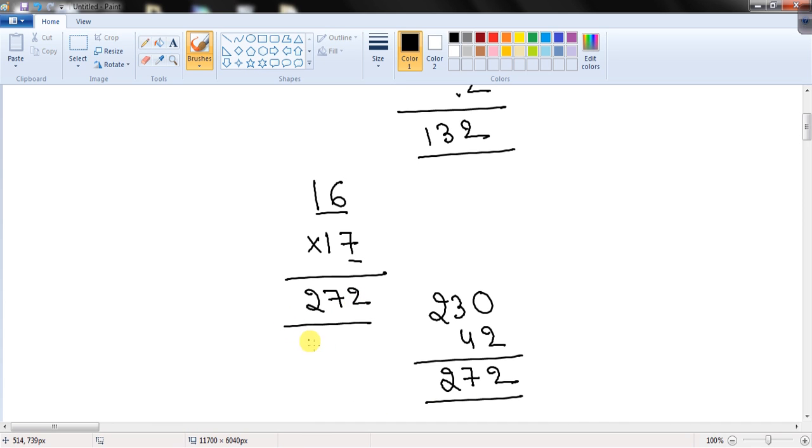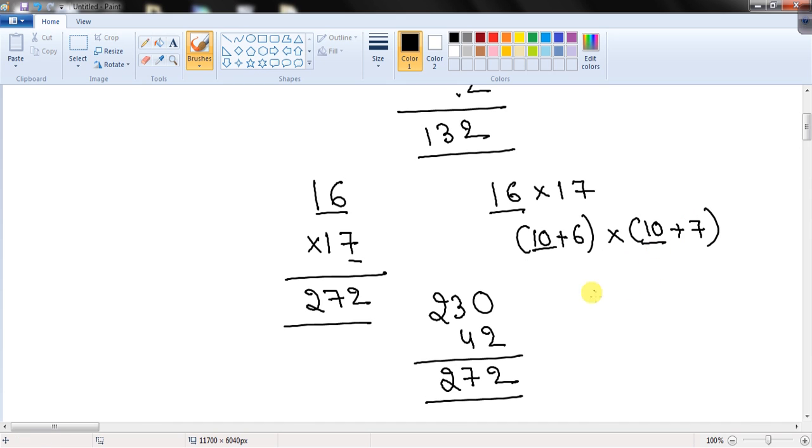How does this work? What is the logic behind this? See, 16 into 17. I can write 16 as 10 plus 6 and 17 as 10 plus 7. We know that 10 times 10 is 100, 10 times 7 is 70, 6 times 10 is 60, and 6 into 7 is 42.